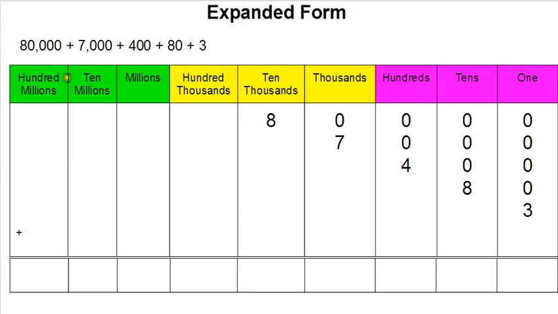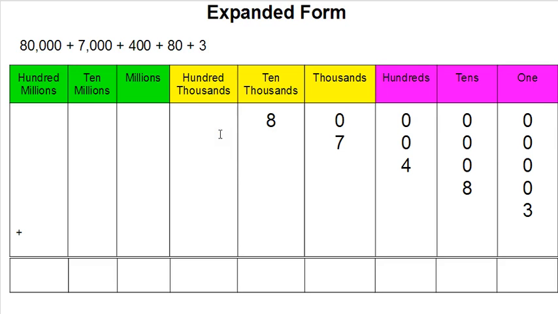Okay, so let's say I have 80,000 plus 7,000 plus 400 plus 80 plus 3. And now I'm going to take my lined paper and turn it sideways, so my lines are going up and down. The space in between each line is going to be for each of the place values.